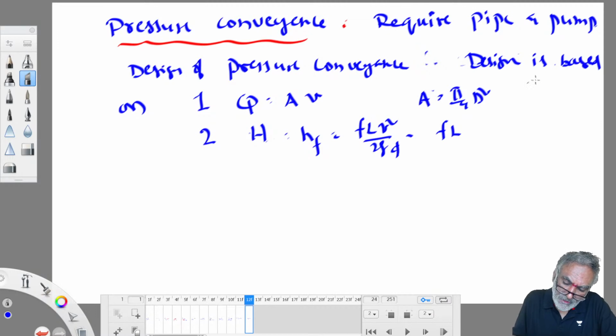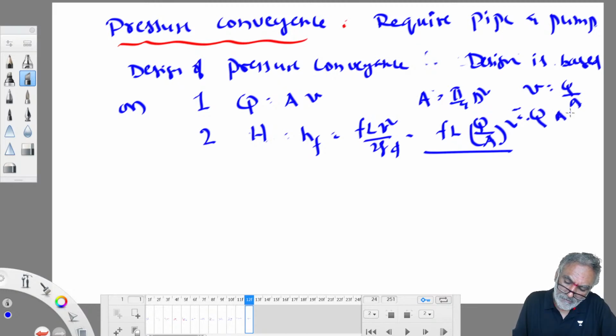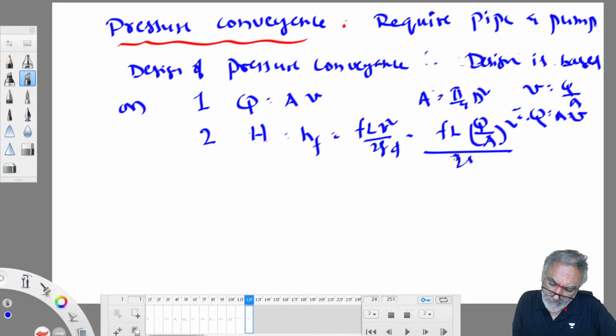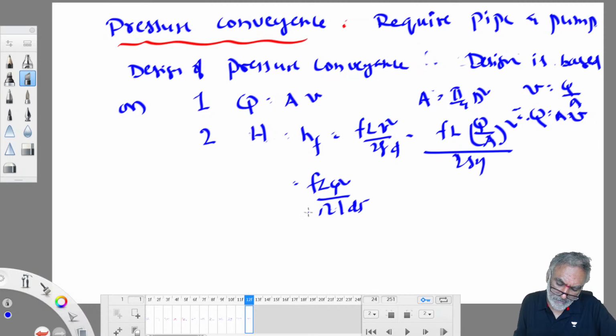This you can write as Q by area, V. Using these three equations you can find out two things.